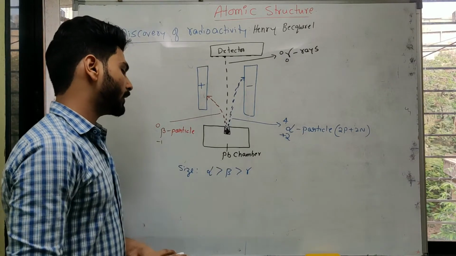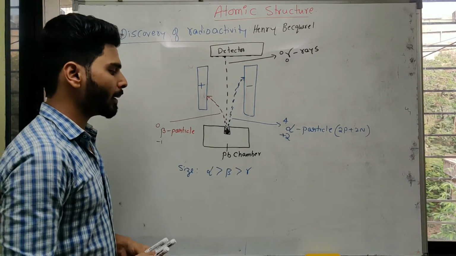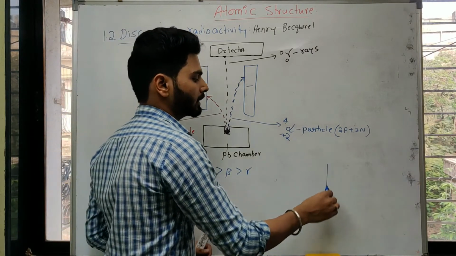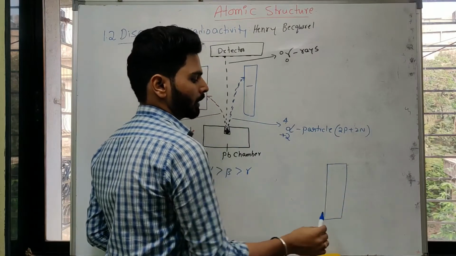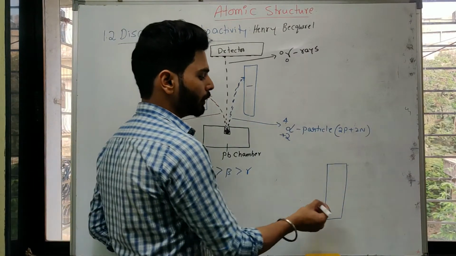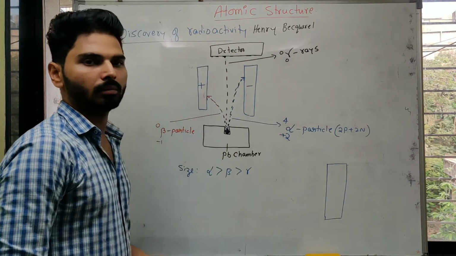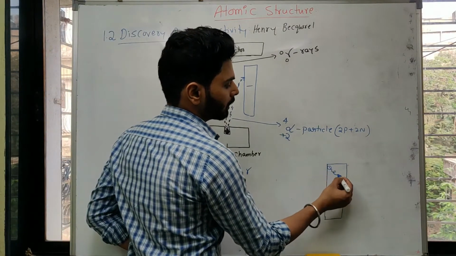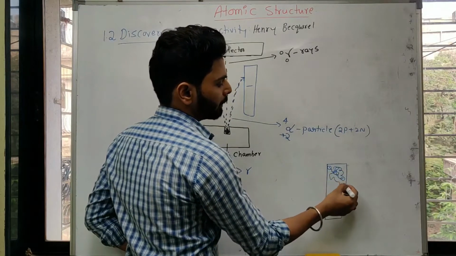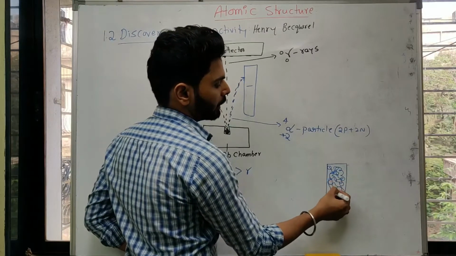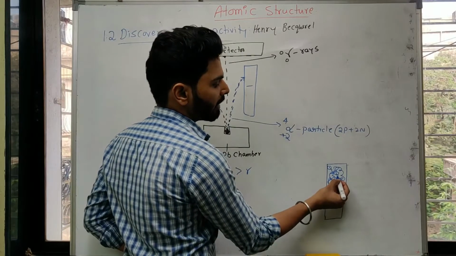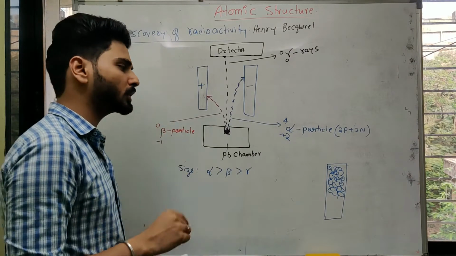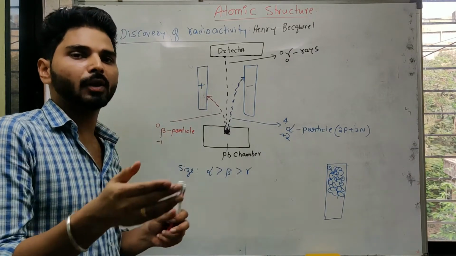Now, if you want to understand their penetrating power, for example, consider a thin paper sheet. We know a paper sheet is also made up of many molecules like cellulose, and these molecules are coiled like this and will have some intermolecular spaces. Everything has intermolecular spaces, but that space varies from substance to substance.